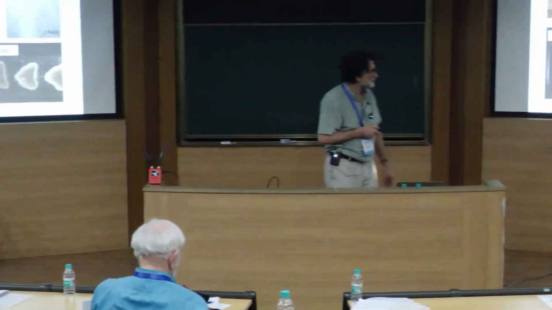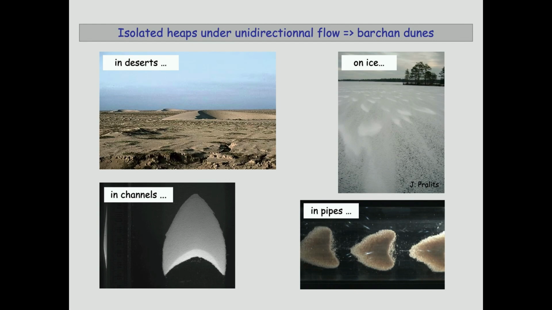So barchan dunes are very interesting objects which develop at very different scales. They are very well known in deserts, and these dunes are in the form of a crescent with the horns directed downstream of the airflow.